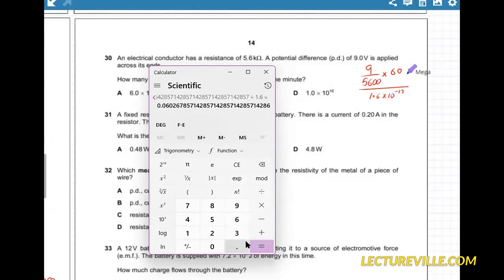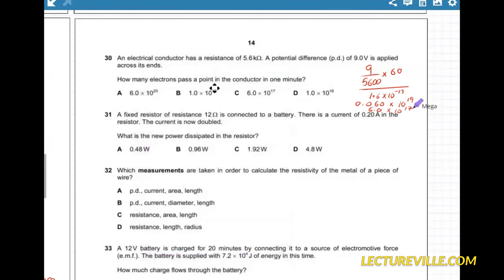So it is 0.060 into 10 to the power plus 19. So when I fix this one, it becomes 6.0 into 10 to the power 17 electrons. So answer will be C. Excuse me for this.